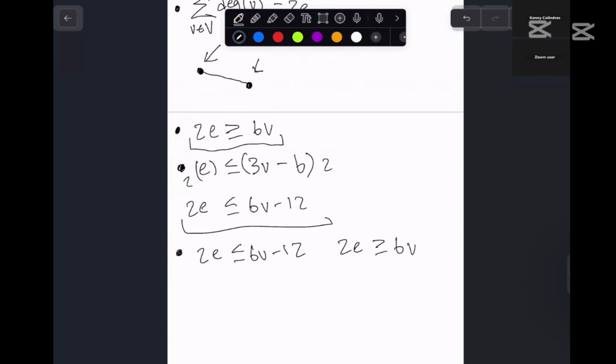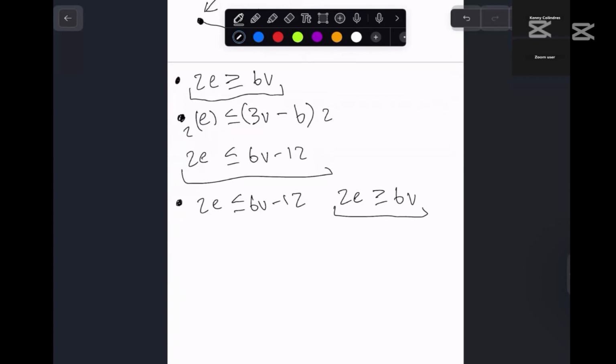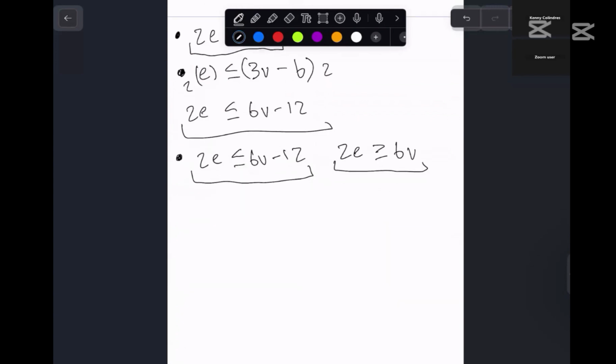This should be pretty obvious because here it says that 2e is greater than or equal to 6v, but here you subtracted 12 from 6v and 2e somehow became smaller than it, which is obviously a contradiction. So now it has been proven.